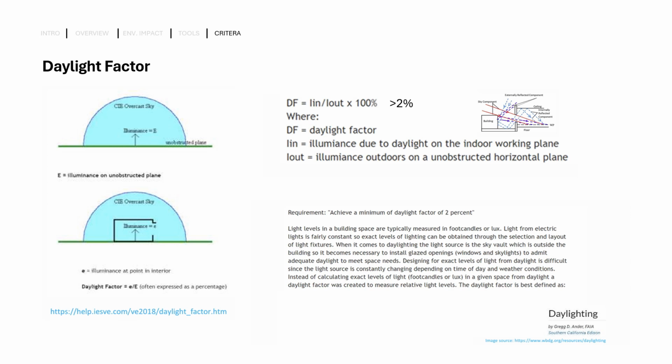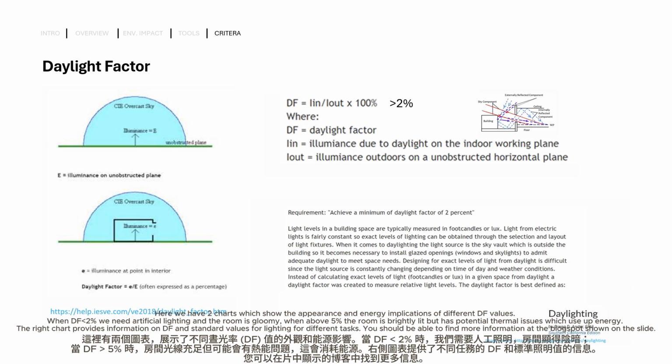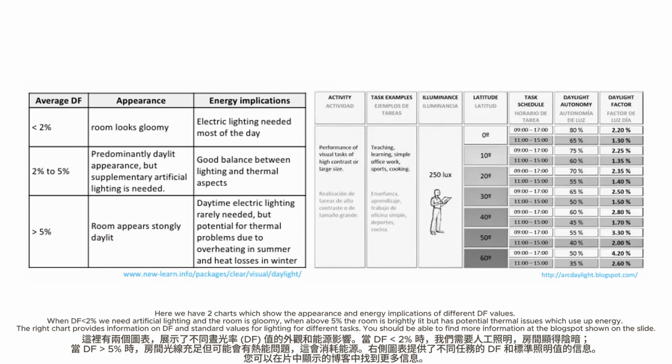On the lower right side is a small excerpt from Greg D. Anders' research if you would like to know a bit more about this. Here we have 2 charts which show the appearance and energy implications of different DF values. When the daylight factor is lesser than 2%, we need artificial lighting and the room looks gloomy.